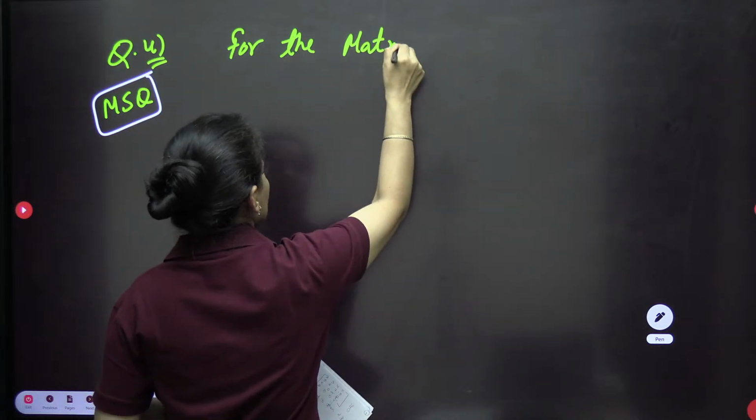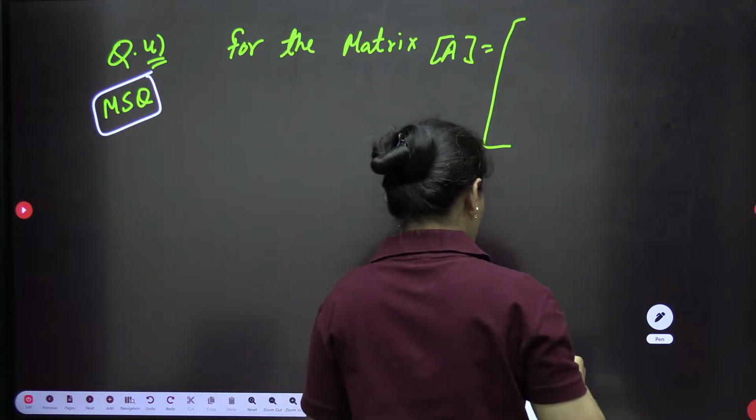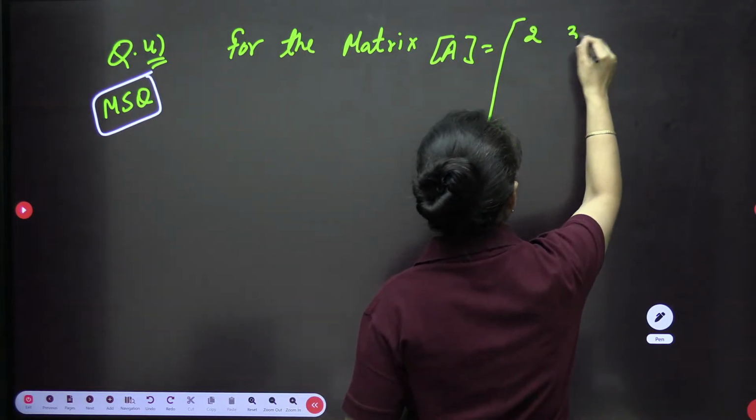For the given matrix A, the matrix is 2, 3, 4, 5.